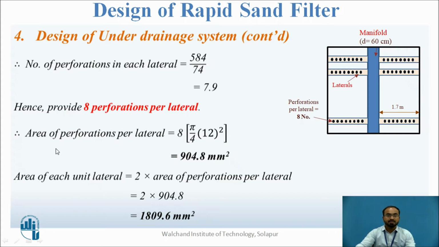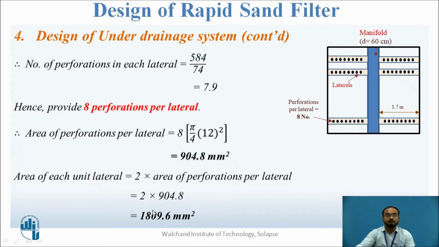We have already calculated the number of laterals, but to calculate the area of perforations per lateral, I will multiply 8 by the area of one perforation, pi by 4 d square, that is 12 square. So the area of perforations per lateral will become 904.8 mm square. The area of each lateral will be twice the area of perforations per lateral.